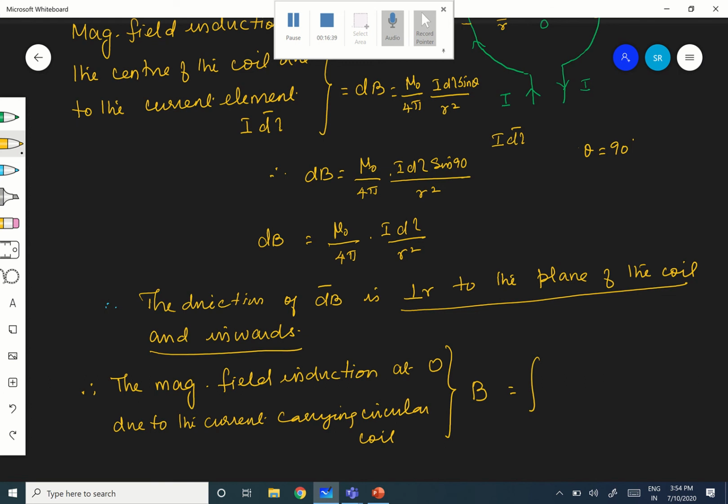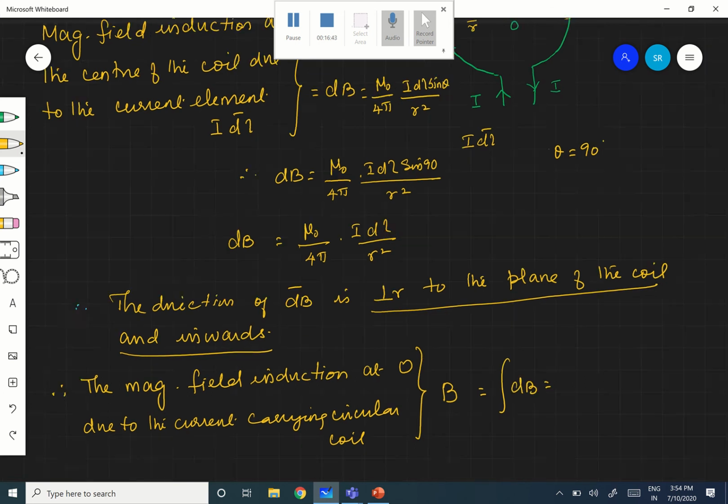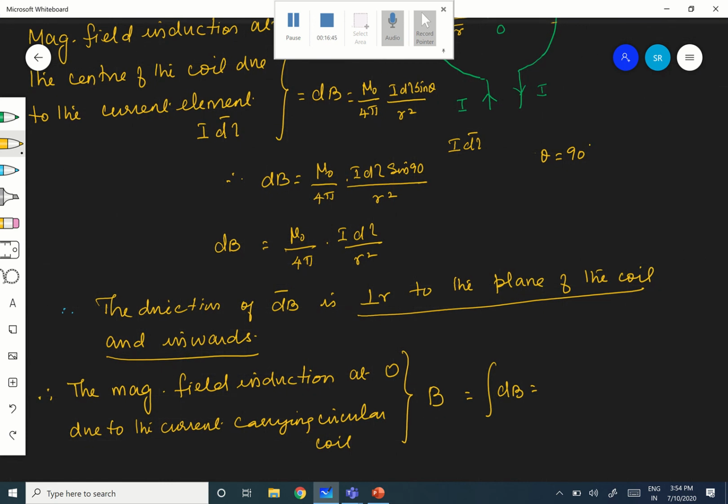Here, B is equal to the integral of dB, correct? That is the integral of mu naught by 4 pi, I dl by r squared.